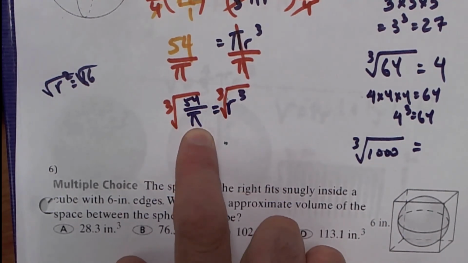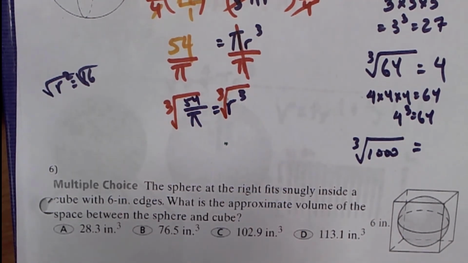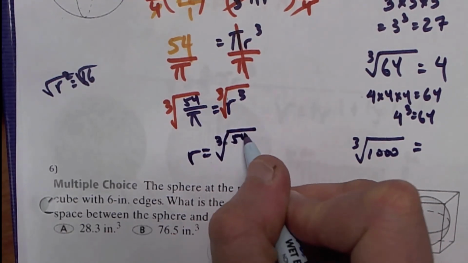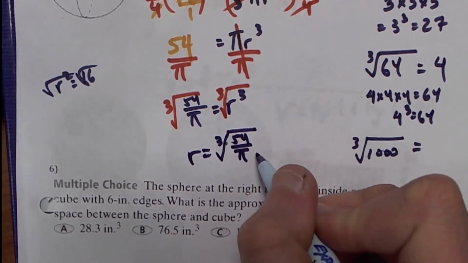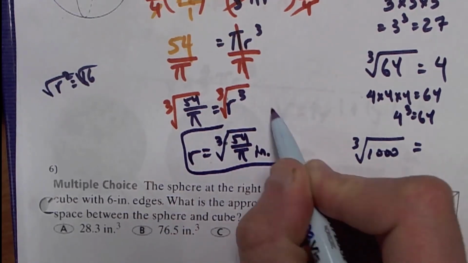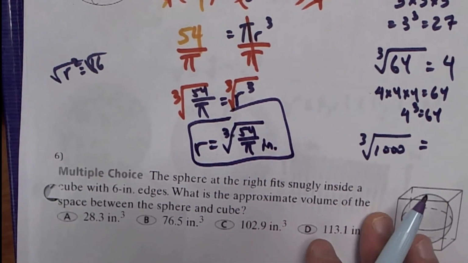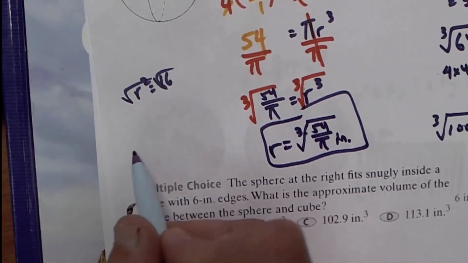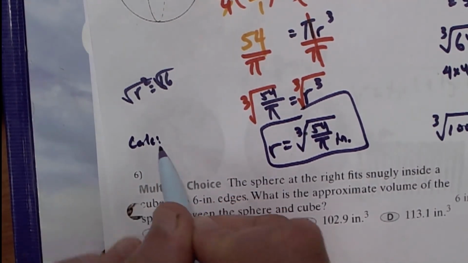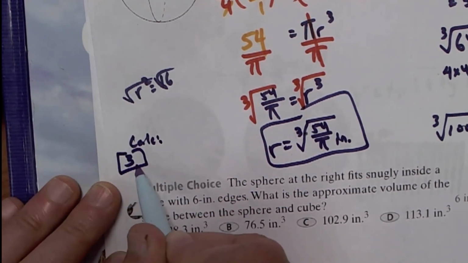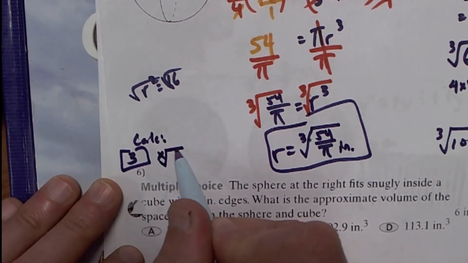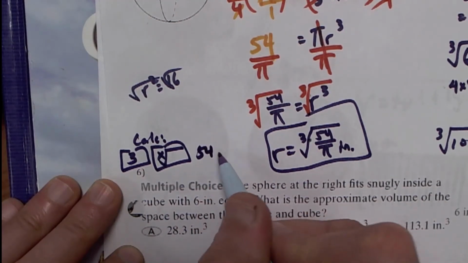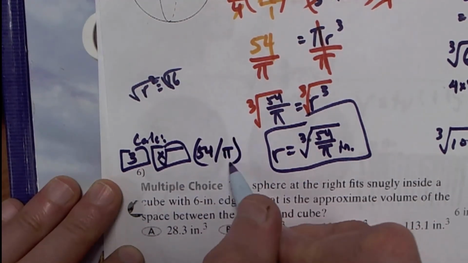In fact, if you don't have a calculator, you can just leave it like this. This is perfectly fine. r equals the cube root of 54 over pi inches. That's totally fine. Now, most of us like something a little bit nicer, so let's go ahead and punch this in. On our calculator, we're going to type 3, x root, that blue one, and then 54 over pi in parentheses.